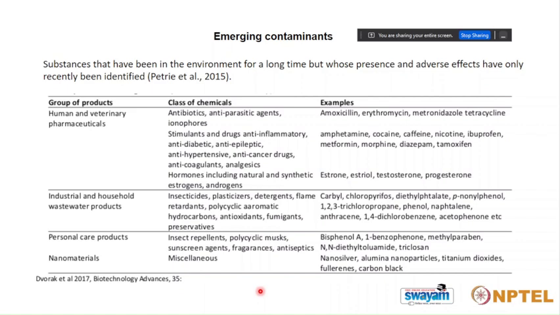Recently, the term emerging contaminants is being used to represent a wide range of contaminants. Basically, these contaminants have been present in the environment for a long time, but the effects of these contaminants have been identified only recently. So these kinds of contaminants are termed emerging contaminants, and they can be classified based on their sources.